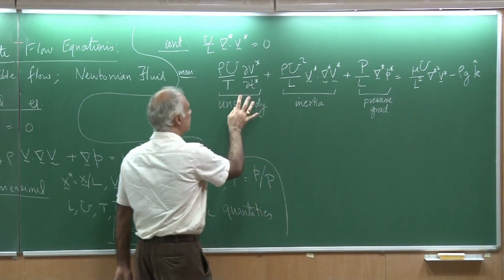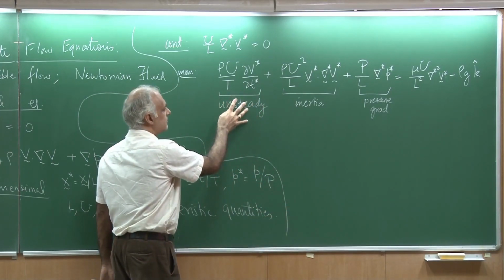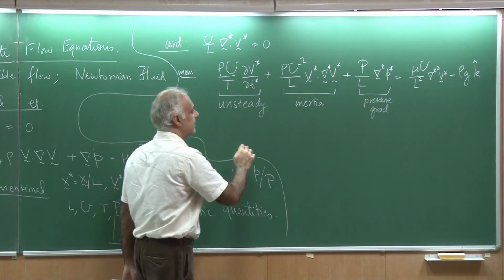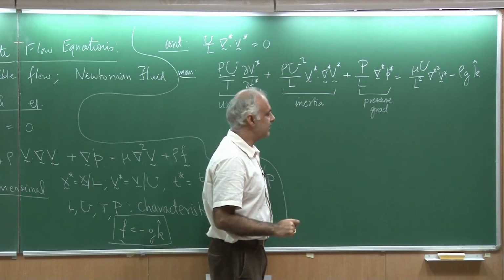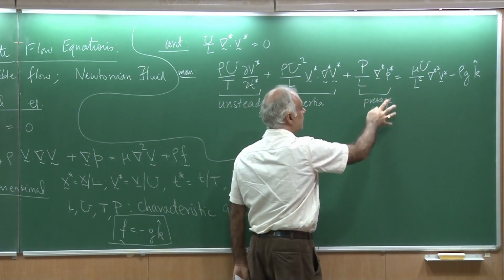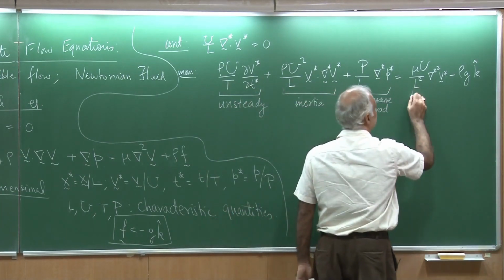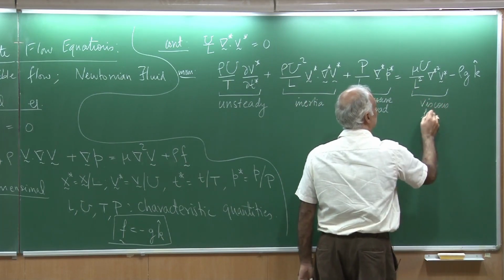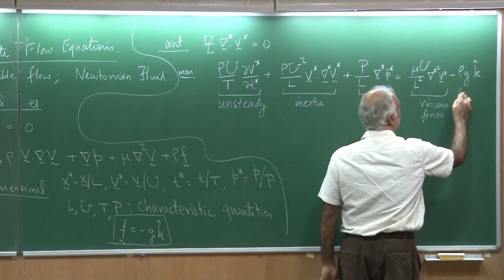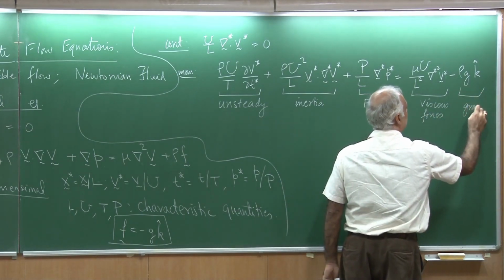So this is the unsteady term, the inertia. This is also the inertia, but it is the steady part, the convective derivative. This is the force because of the pressure gradient. This is actually the viscous forces, and this one here is because of gravity.